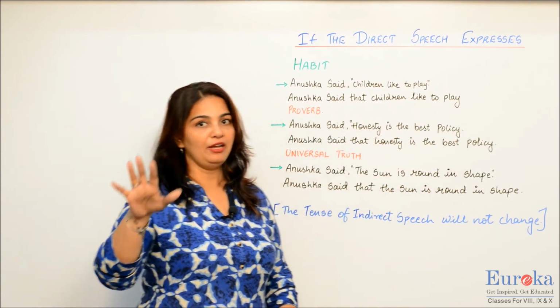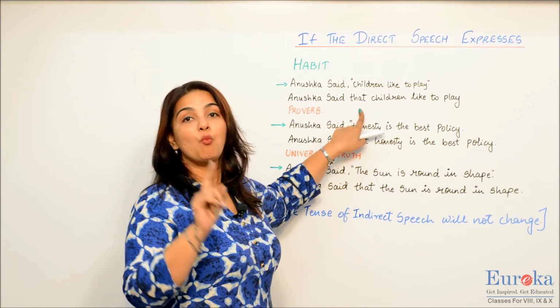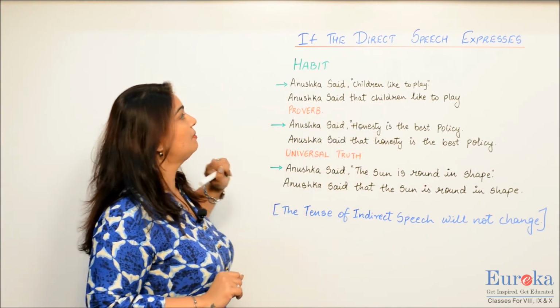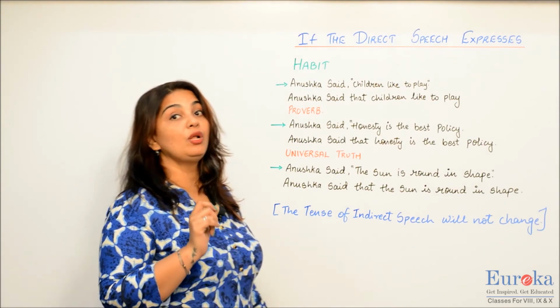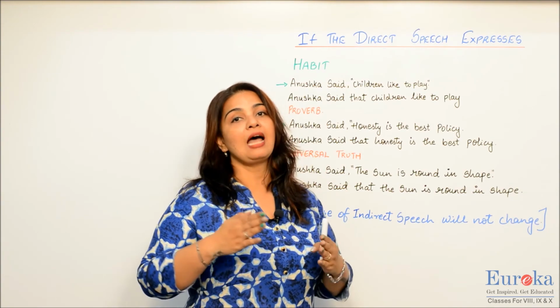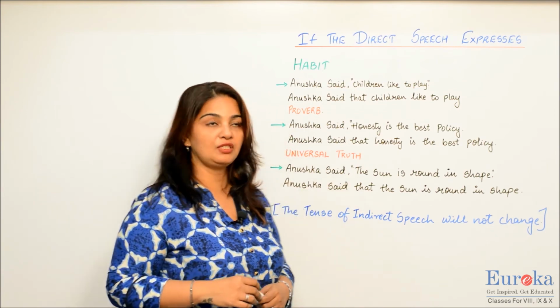If you remember the 5 rules, here we do not use one of the rules, and that is the tense rule. Always remember students, when it comes to a habit, the indirect sentence will not change its tense. Why? Because it is habitual, which will be taking place for a longer period of time.